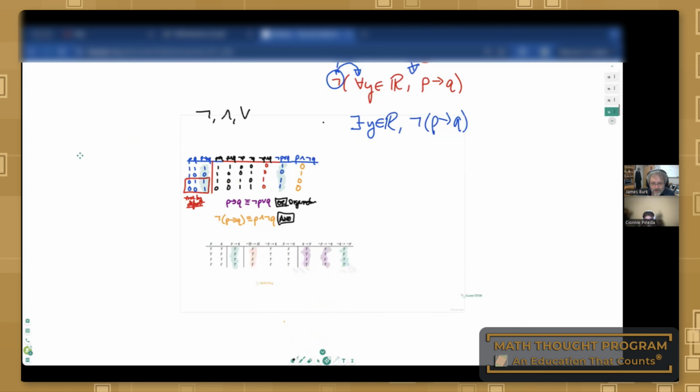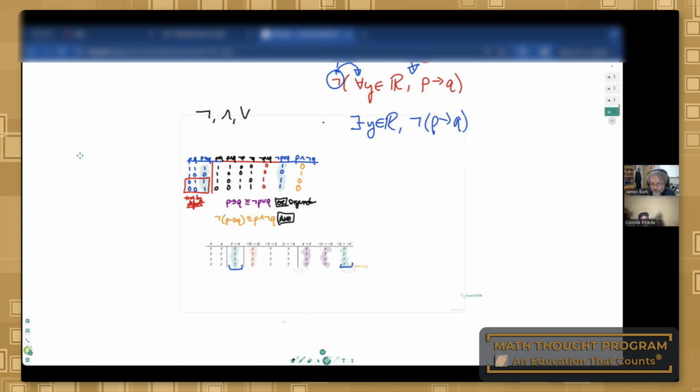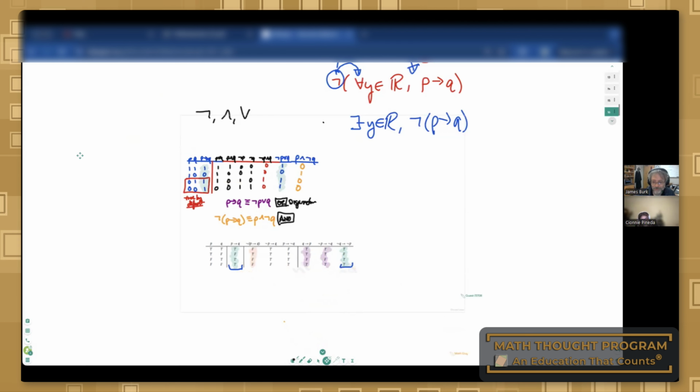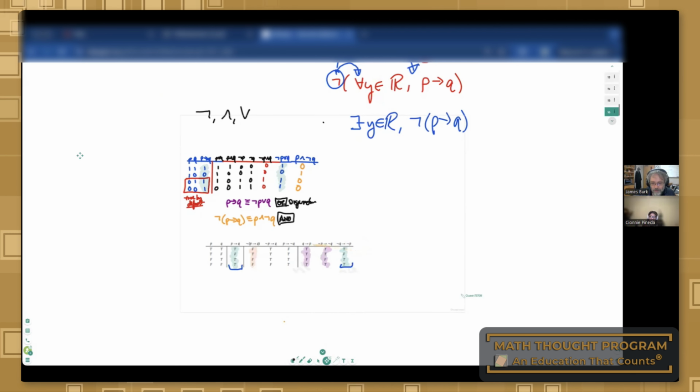Good. Now, this right here is known as your conditional or implication. This back here is known as your contrapositive. Have you heard that word before? Yeah. So we're going to do proofs by contrapositive. This is the structure they're asking you to do. These two also have special names.